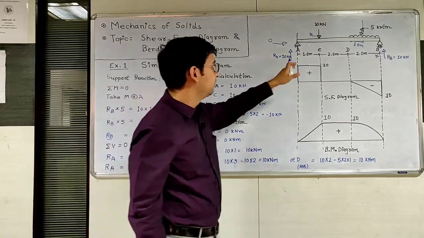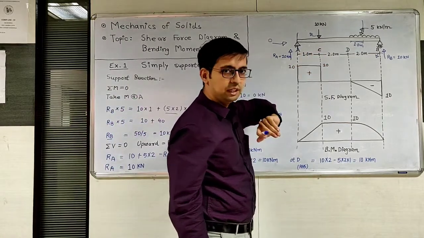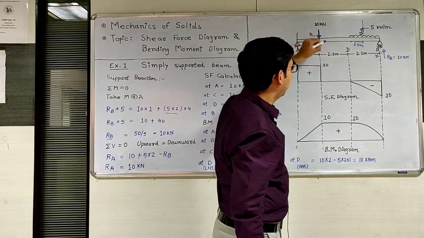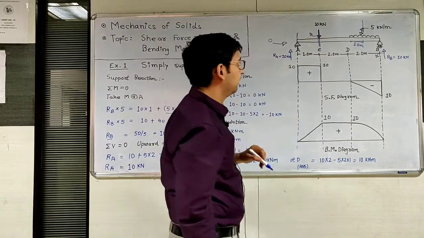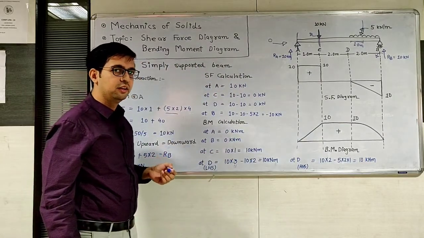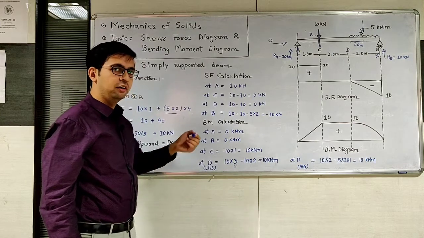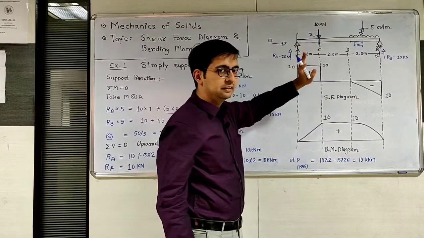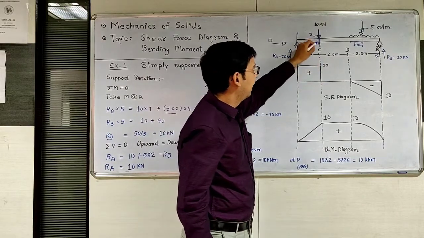Now next to the A point is C point. Draw a section at the C point, and shear force means algebraic sum of all vertical forces either to the left or right of the section. We are using the left hand side section. So how many forces are there on the left hand side of C point?